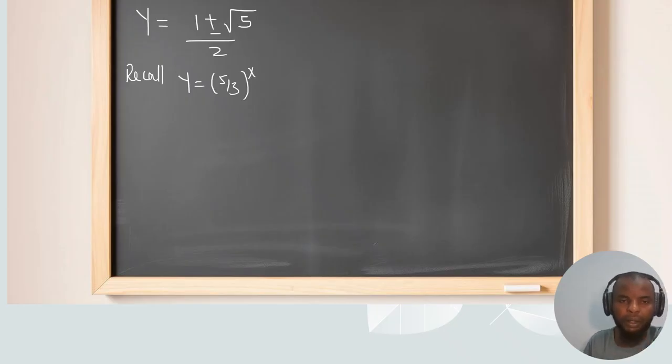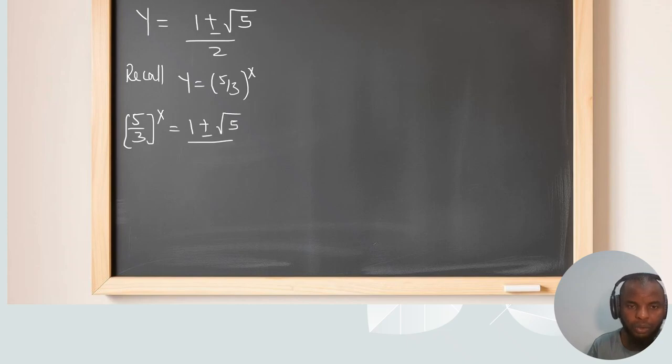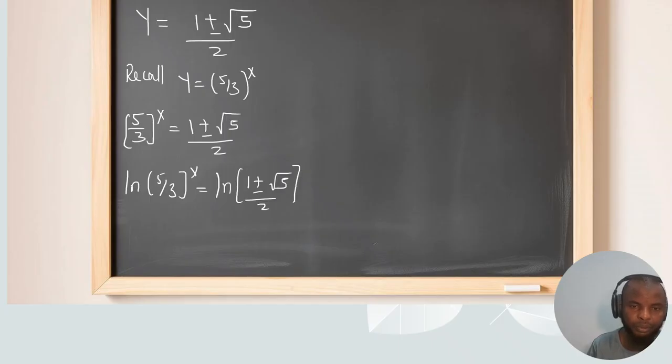So now, if you want to plug this in to get the value of x, I'm going to have 5 divided by 3 to the power of x equals 1 plus or minus square root of 5 over 2. To get the value of x, we can apply natural log to both sides, which is going to be ln of 5 over 3 to the power of x equals ln of 1 plus or minus root 5 over 2.